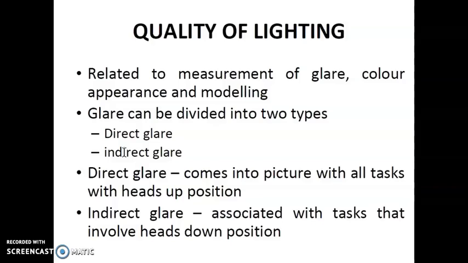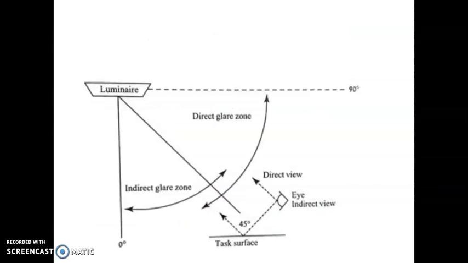And indirect glare is associated with a task that involves heads down position. That is, you are looking down to your work table and it is causing glare to your eyes while doing the task. That is the indirect glare. So you have your luminaire here, and this is your task surface, and you have your eyes here.